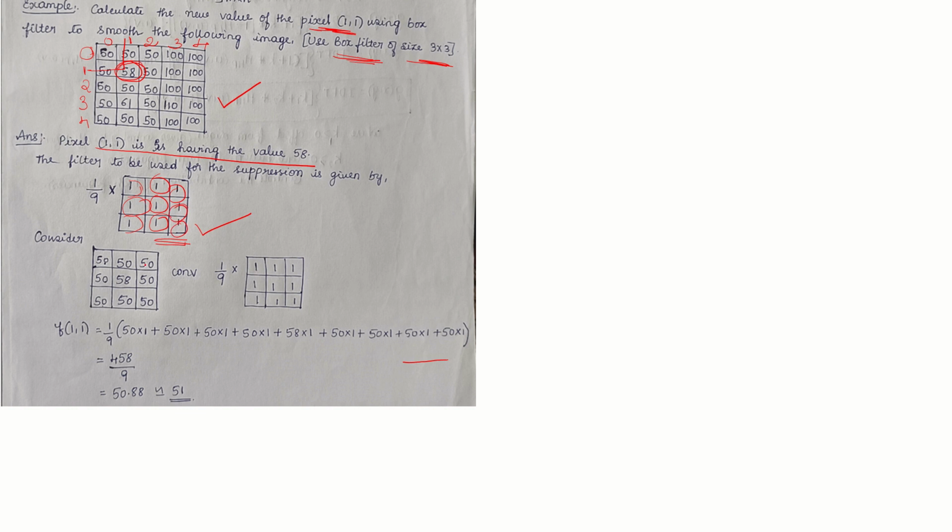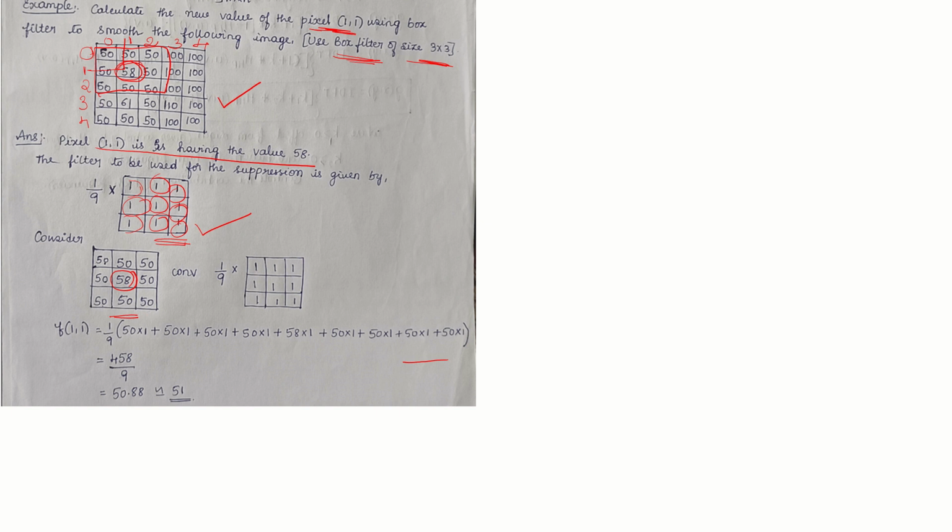Since they have told the location as 1 comma 1, we take this as our central pixel. If this is my center pixel, I have to consider a 3 cross 3 region. That region is written over here separately. Your 58 is the center pixel surrounded by these many elements.